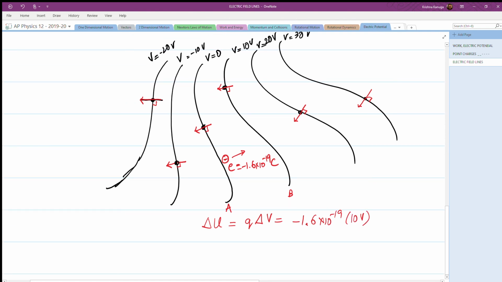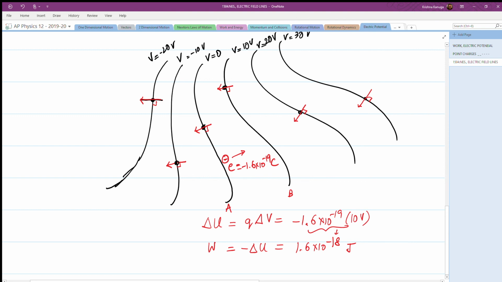We expect this to be negative because in nature, whenever things do what they want to do, the potential energy will decrease. Correspondingly, we can find the work done by the electric field, which is the change in the potential energy, which happens to be equal to 1.6 times 10 to the minus 18 joules. When you multiply this, you get 10 to the minus 18 joules, and we have an answer there.